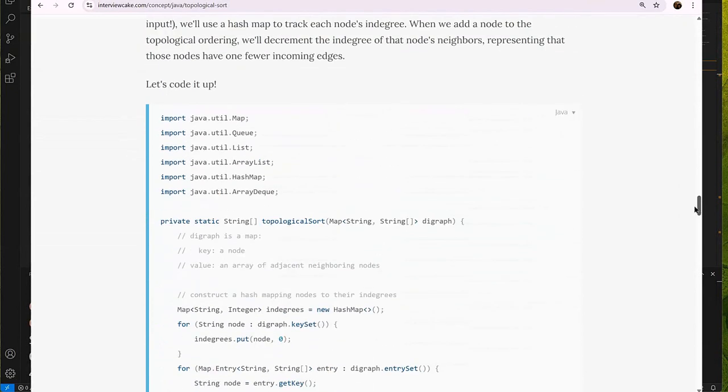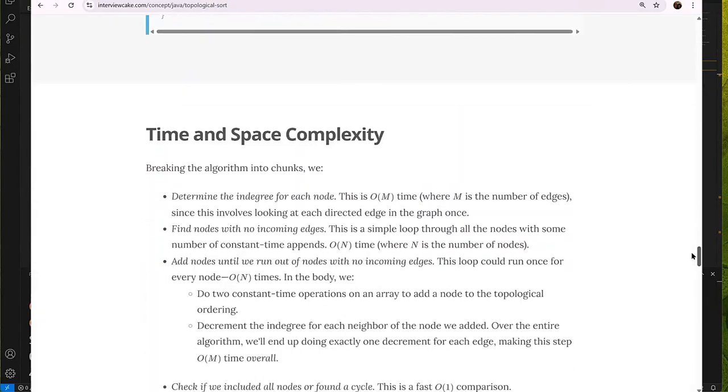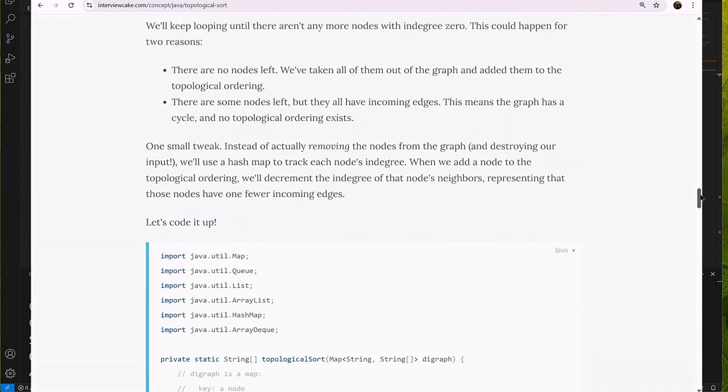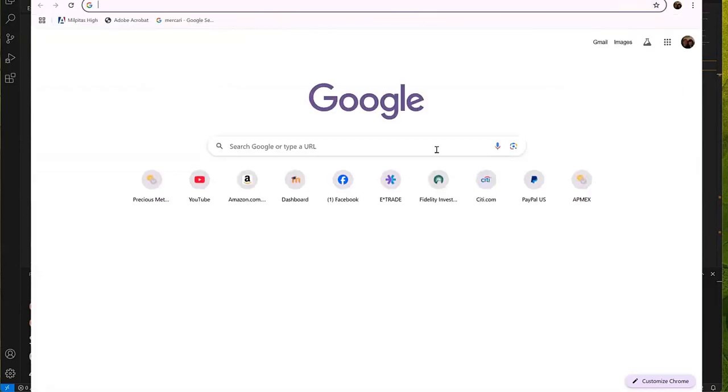So topological sorting will build up the dependency for nodes with multiple paths. Okay, nodes with multiple paths. This one is a Java program. Let me try to find a C++ one.